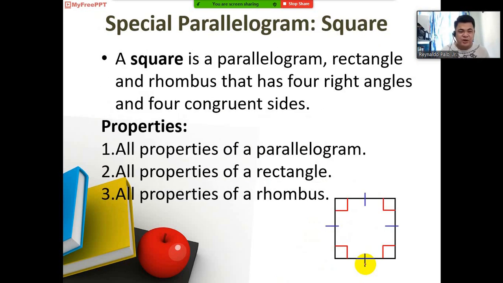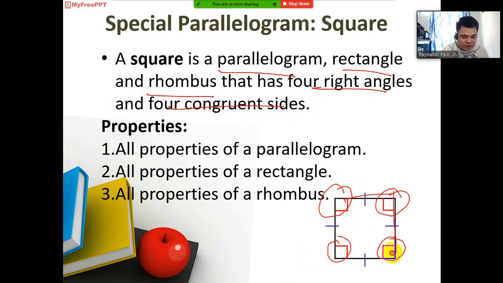Square. A square is not just simply a parallelogram. A square is a parallelogram, a rectangle, and a rhombus that has 4 right angles and 4 congruent sides. In the illustration, you can see it has 4 right angles and the sides are congruent.